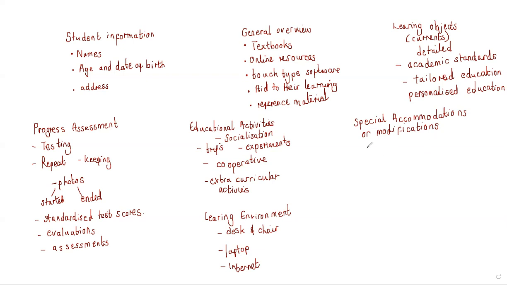So what modifications have you made to their educational program? Are you including their physiotherapy as part of their program? Are you including attending a specialist autistic group as part of their contract? And this is where this idea of individualized education becomes very paramount. So you've got this notion of individualized educational programs.